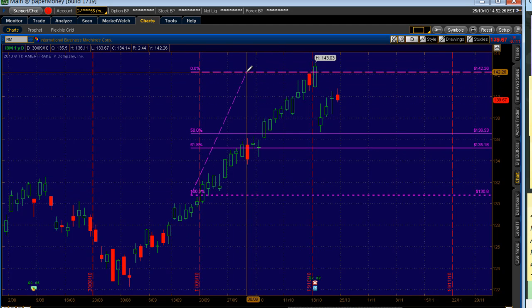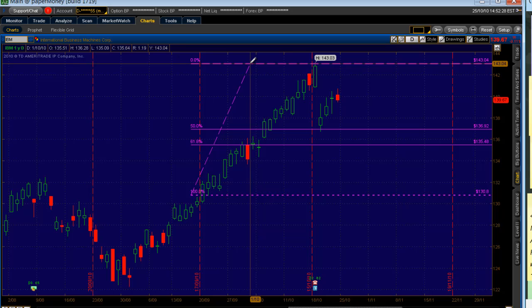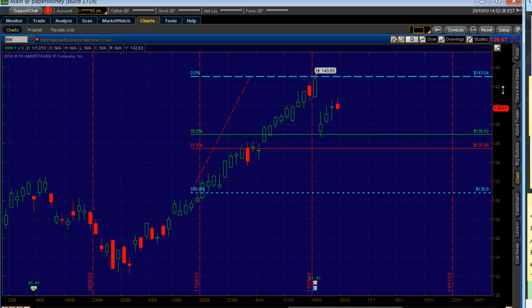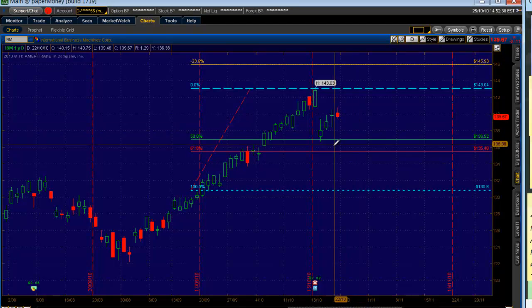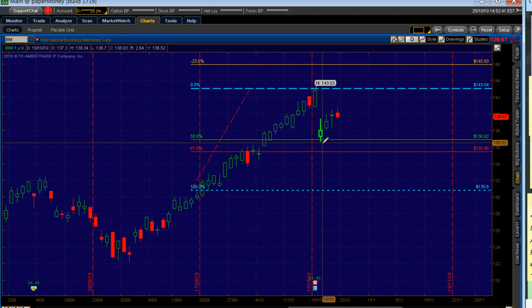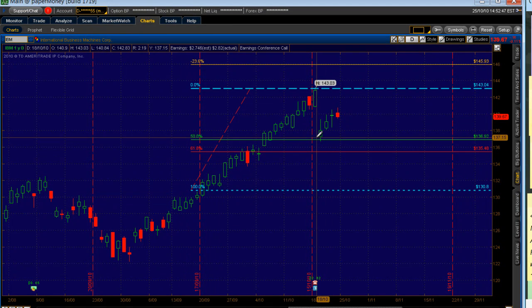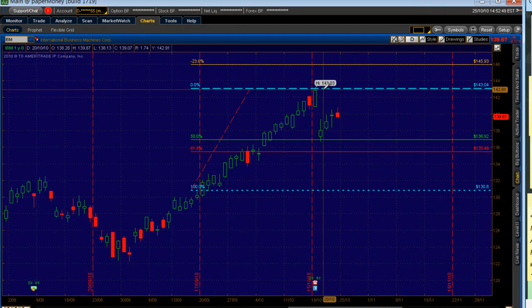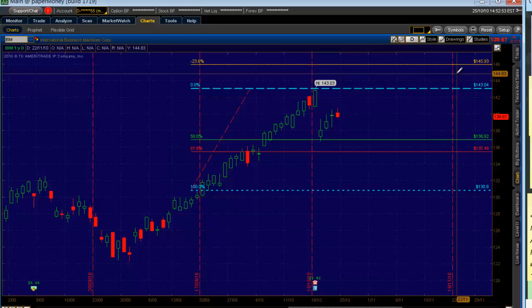Looking at this sell-off and then subsequent bullish action, one would think that buying had some intention behind it. And if we go from these levels here, we get a 50% buy from the highs, which gives us a target of 145.93.